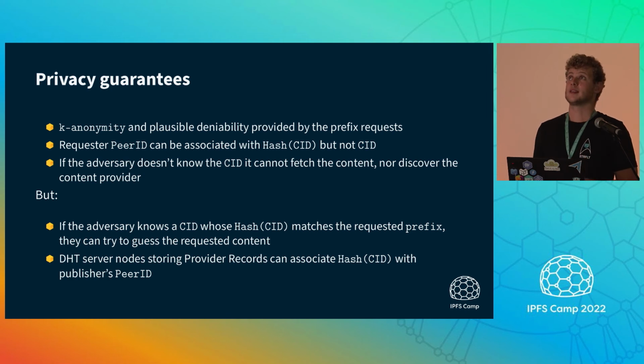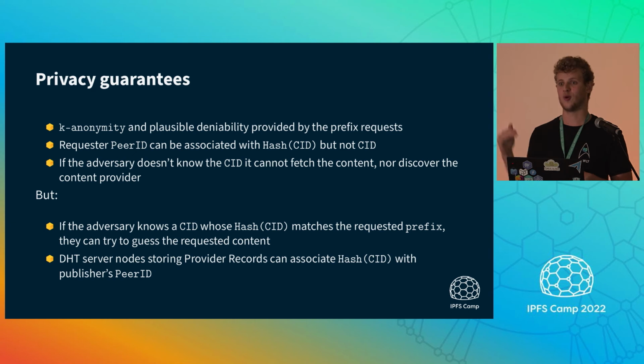So it means that if the adversary already knows the content I am looking for, they can still know what I'm accessing. If we take an example, there's a decentralized kind of YouTube platform on IPFS, and we have a global adversary that is going to crawl it and index all of the videos. They can in turn compute the hashes of all of the CIDs.